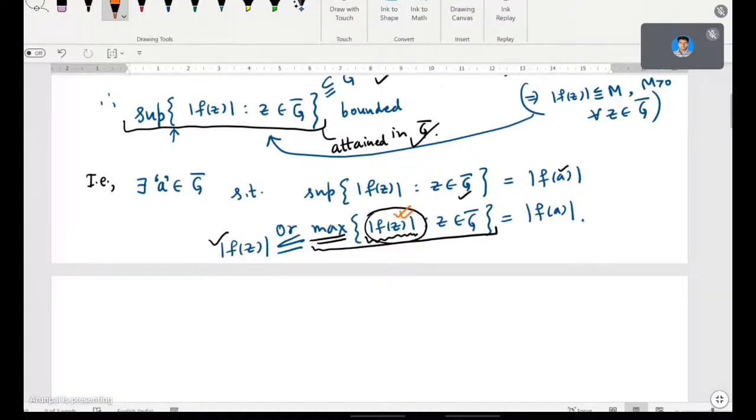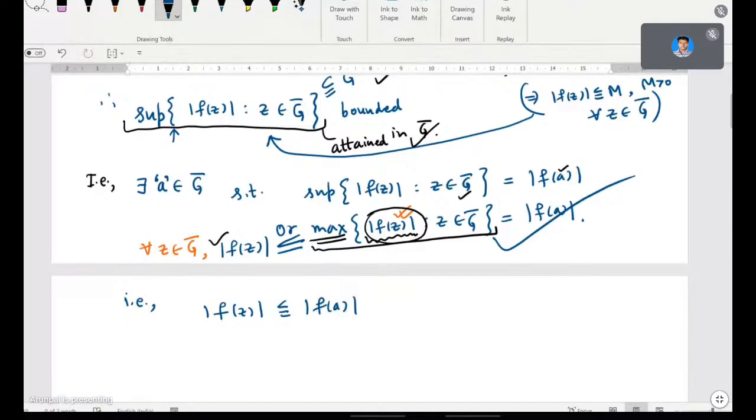For all z in G bar, let me write it clearly: mod of F of z is less than or equal to mod of F of A for all z in G bar. Let me call it number 1. Is this okay?